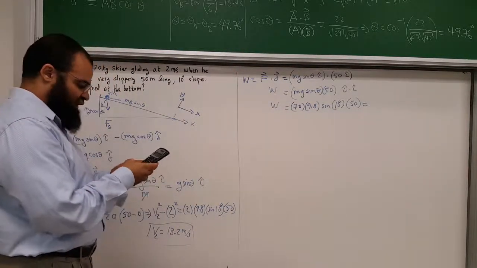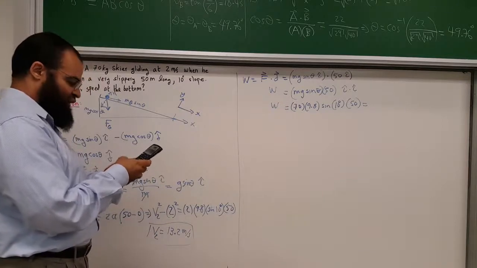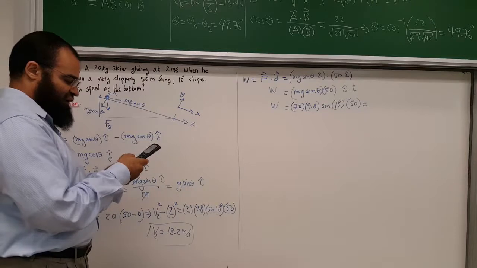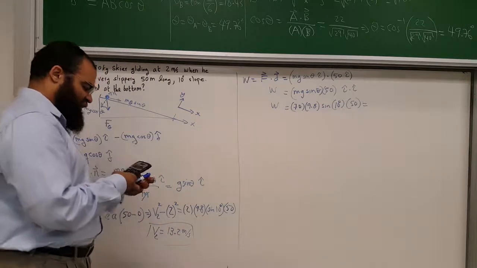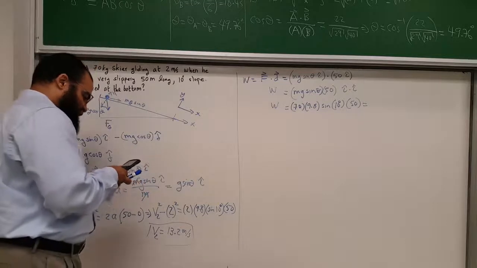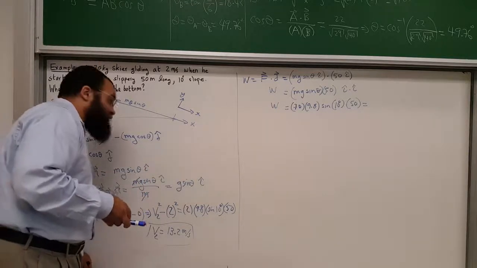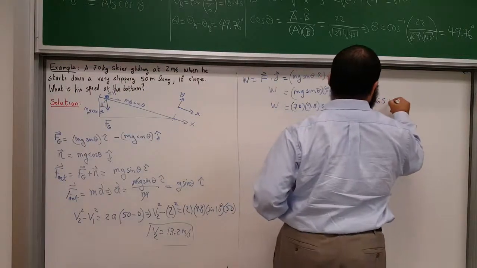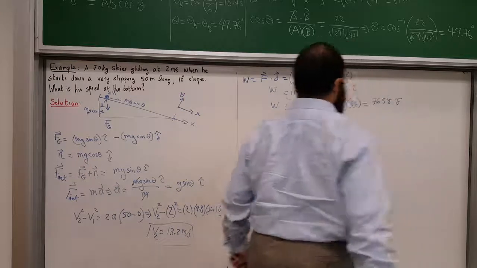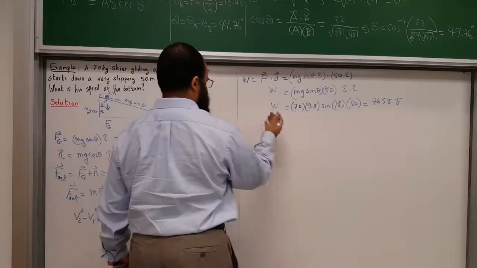So we get 70 times 9.8 times the sine of 10 degrees times 50, and you get this large number, 7,658 joules of work.